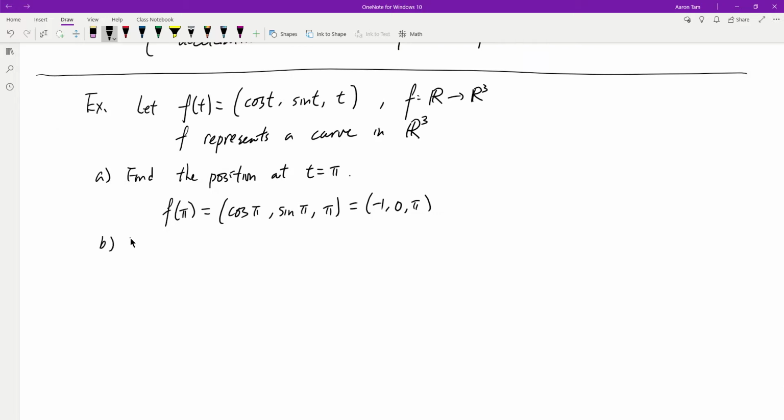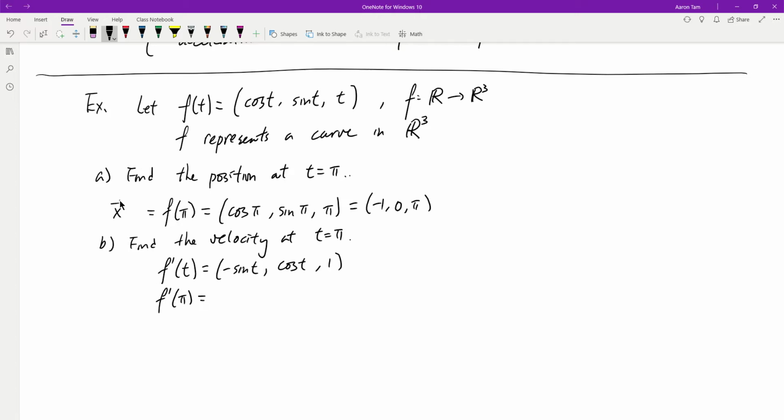Next, how about I ask you to find the velocity? That would mean I have to find f prime of pi. So let's start with f prime first. What is f prime of t? f prime of t would be equal to negative sine t, cosine t, 1. In here I can say this is vector x of pi, and this can now be vector v of pi, and this is vector v of t, if you want to use vector v instead.